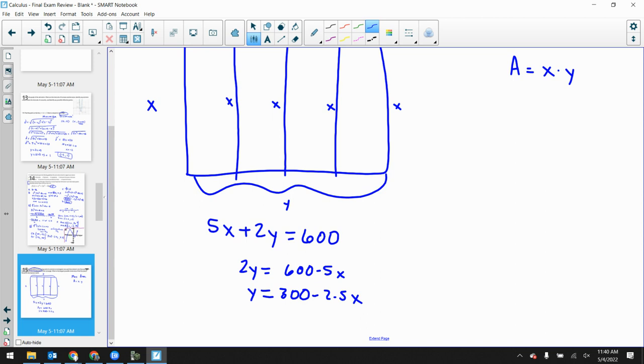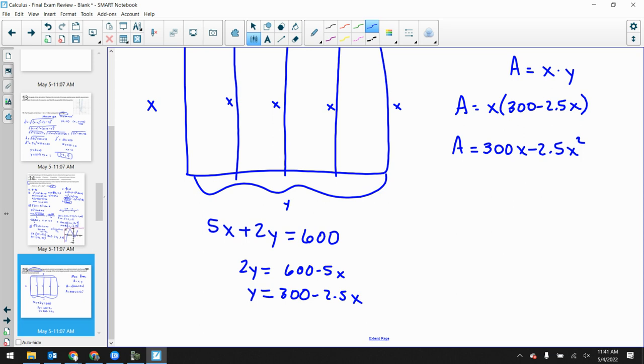Now I can plug that into my area. Area is x times 300 minus 2.5x. Distributing the x, area is 300x minus 2.5x squared.